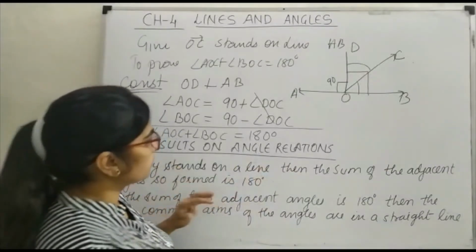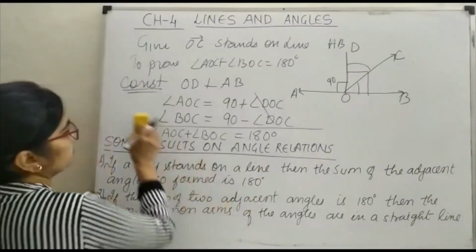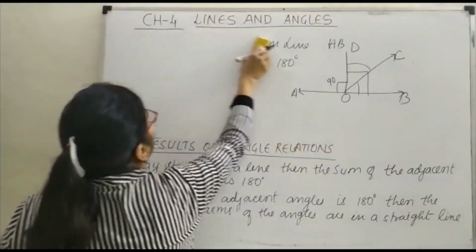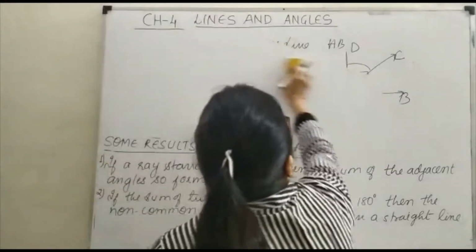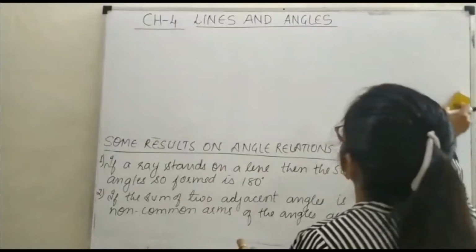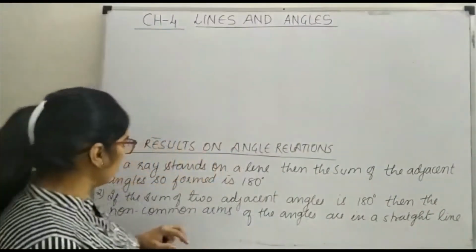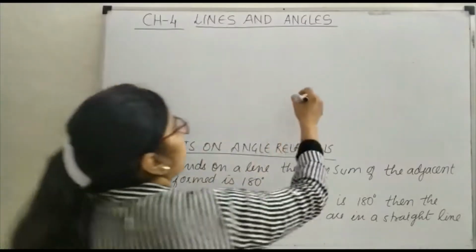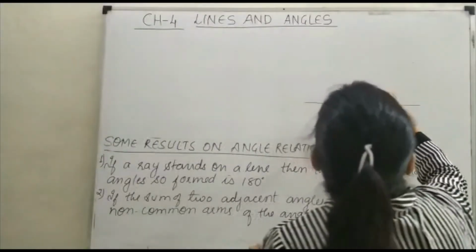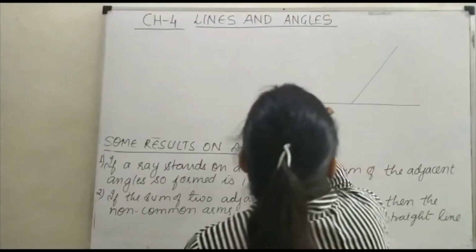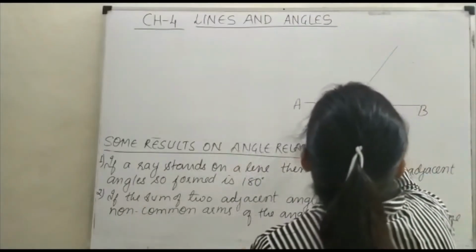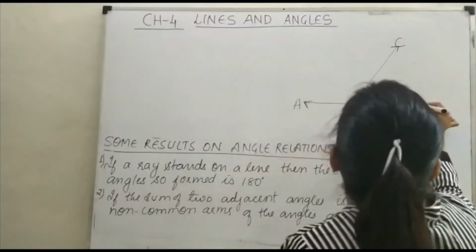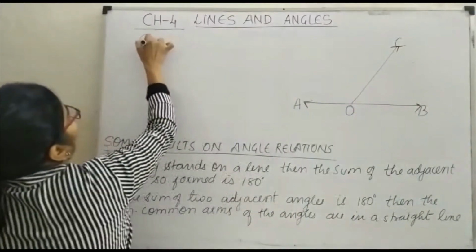Now let us come to the converse. In the converse it is given that if the sum of two adjacent angles is 180, A, B, O, C. So what is given?